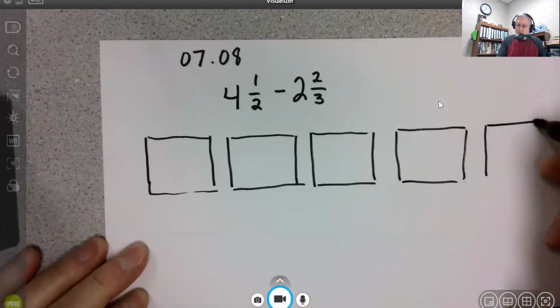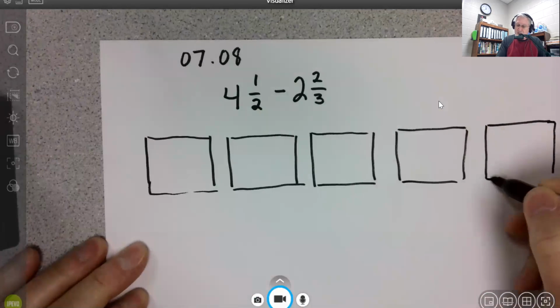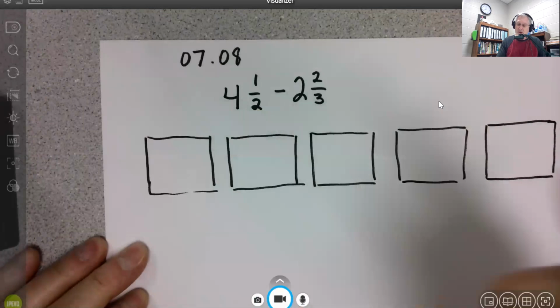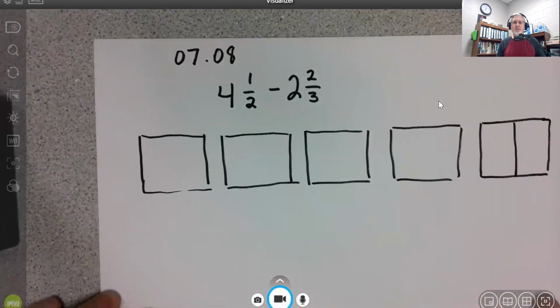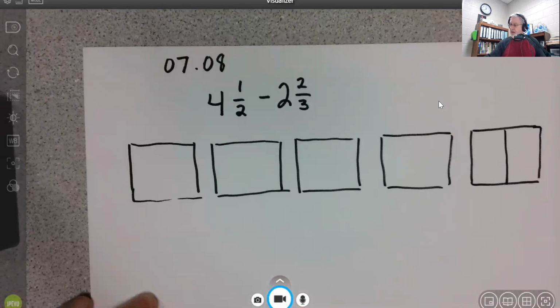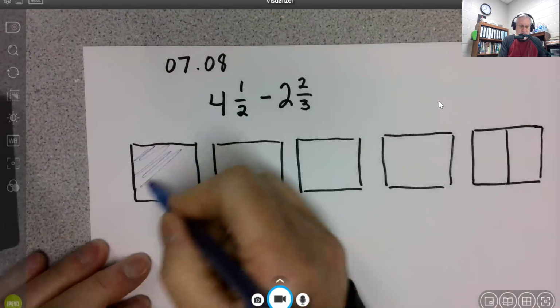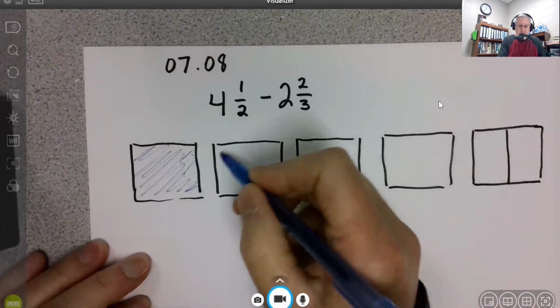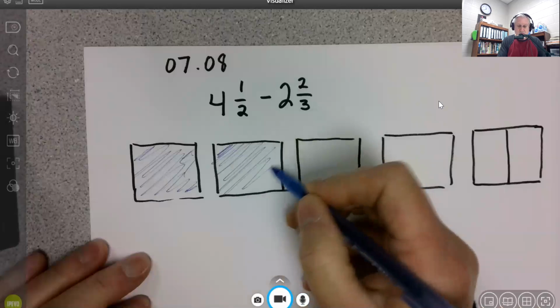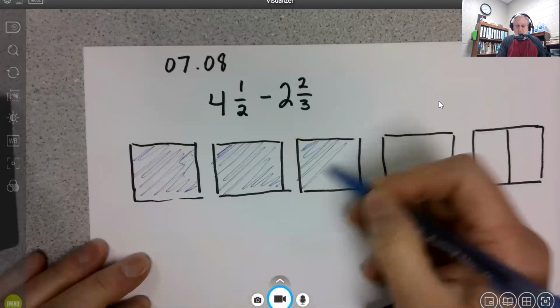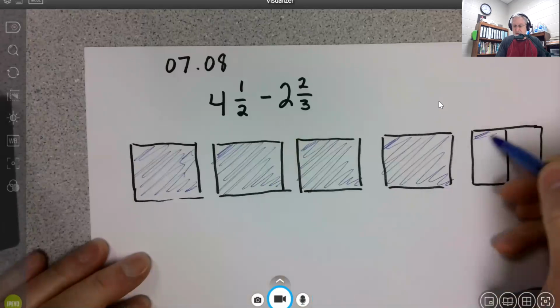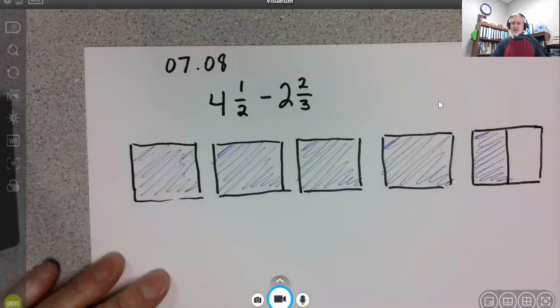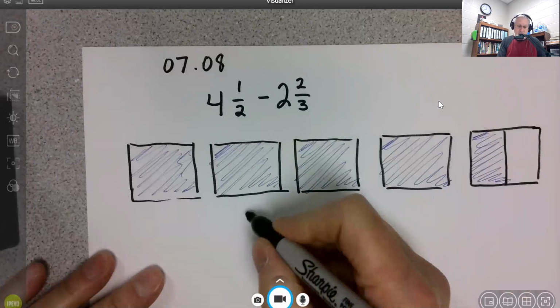And then draw a 5th whole, but this one we're going to partition into halves. And I'm going to shade in each one of those. I'm just going to use a pen to shade it in so it's not so dark with a marker. So that's my wholes. And then I'm going to shade in 1/2. So that's 4 1/2.